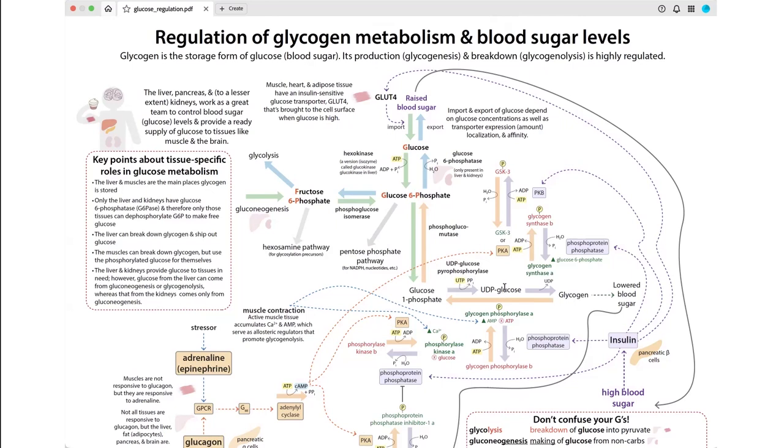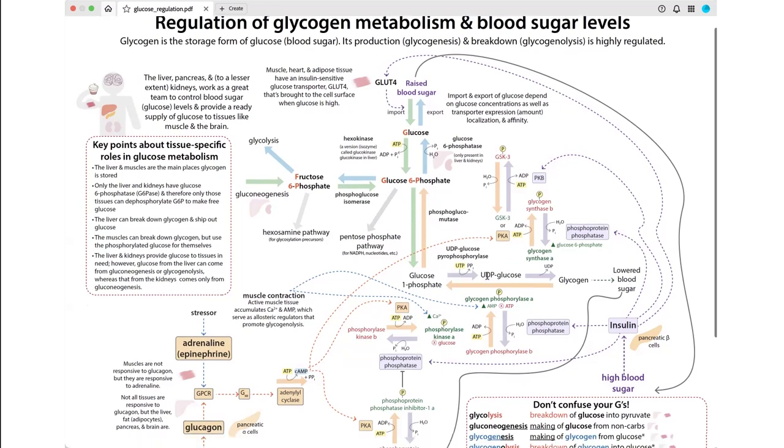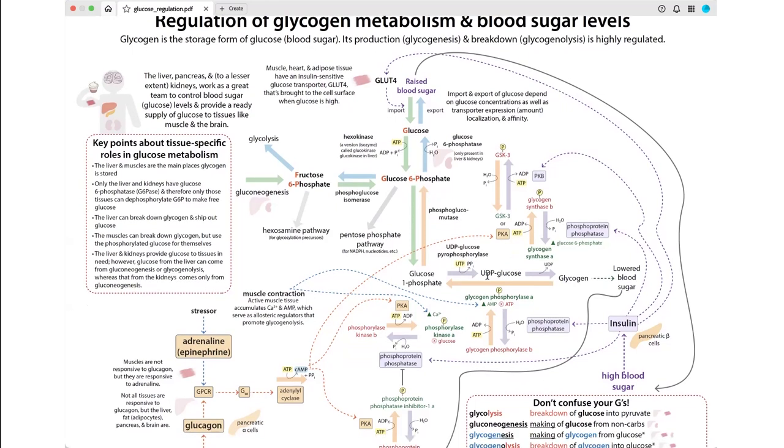That UDP glucose is then able to get linked up into glycogen. So this first step was done by UDP glucose pyrophosphorylase. We don't really give it that much attention because, well, it's not one of the key places of regulation. One of the key places of regulation is going to be this next step, this glycogen synthase step. Glycogen synthase is able to link together those UDP glucoses, release the UDP, and give us glycogen. End result, we took the glucose in and we stored it.